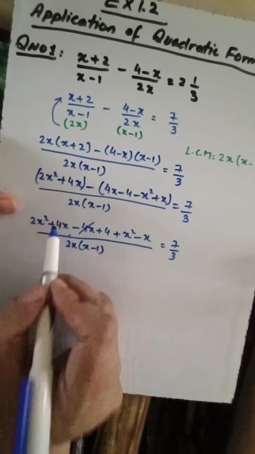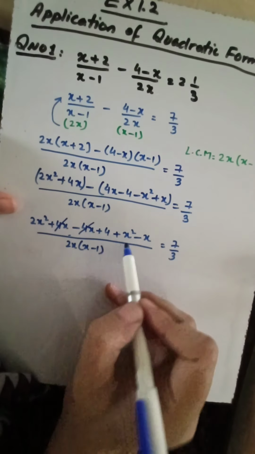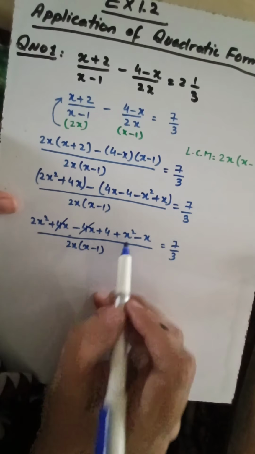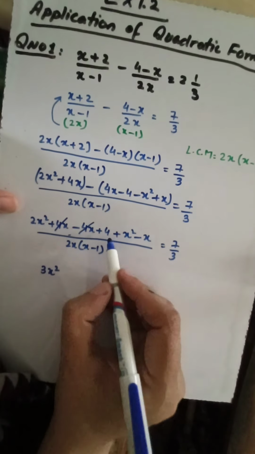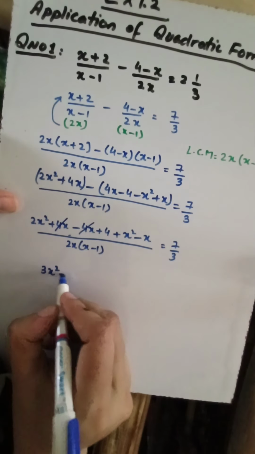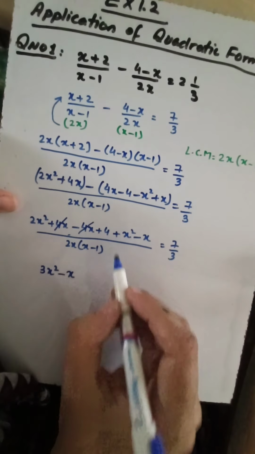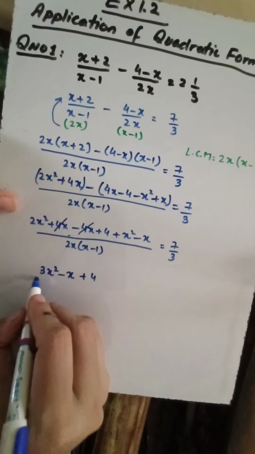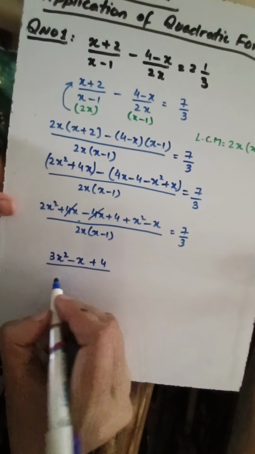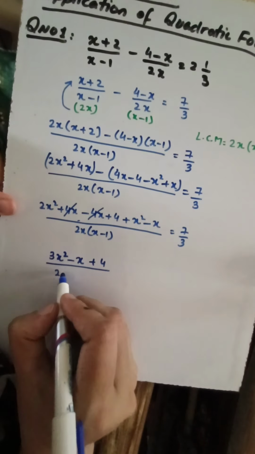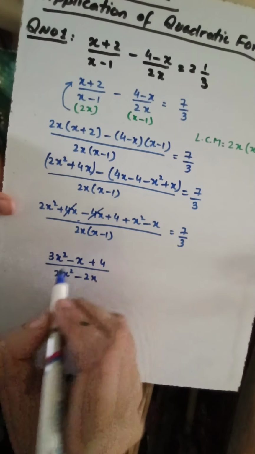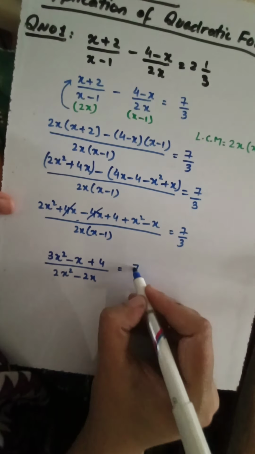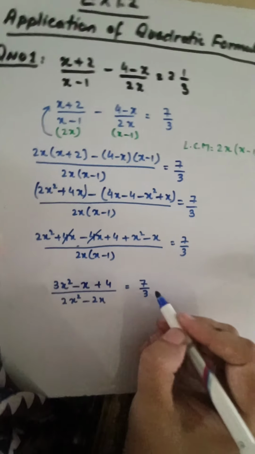Over here I will cancel out minus 4x with 4x, and 2x square will be added to x square to give us 3x square, and over here minus x is left and plus 4. Over here I am going to multiply these two also because I have to do the cross multiplication: 2x square minus 2x, over 7 by 3.